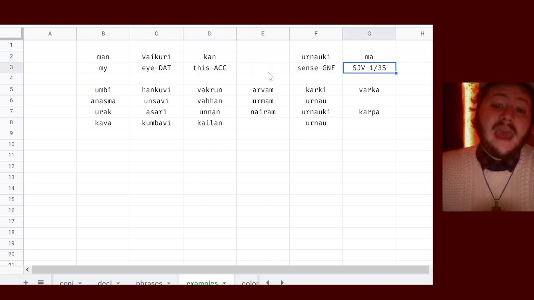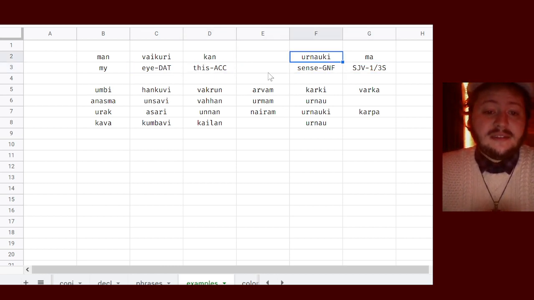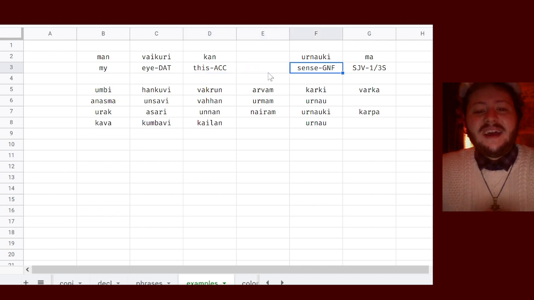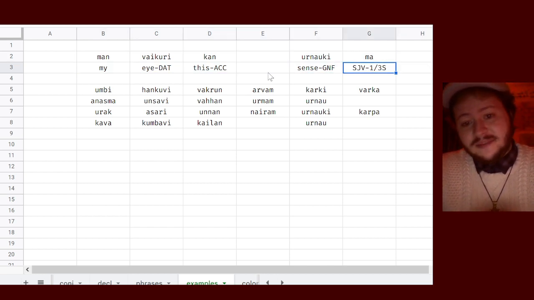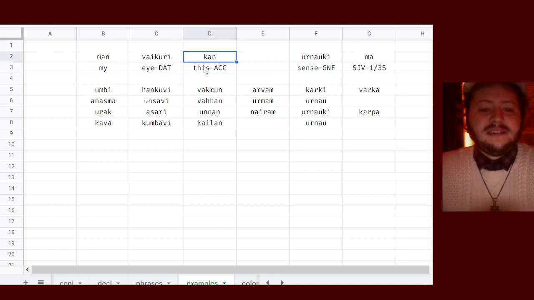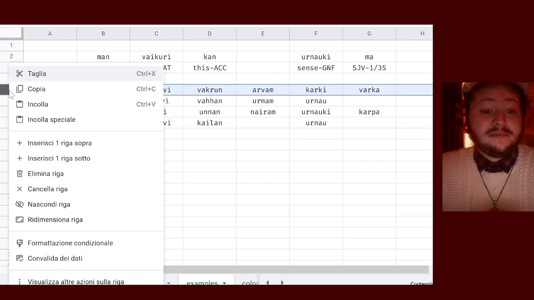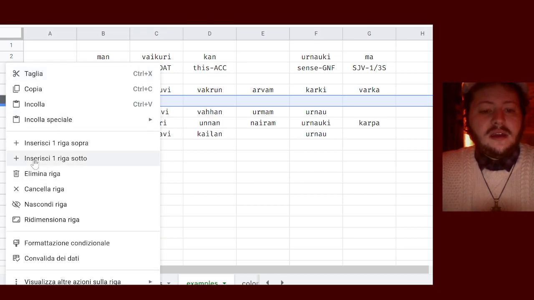Like, may I see this, or may it be in my eye, basically. I wish, or I hope to see it, is the idea here. I hope to see this is what I think would be a good translation.